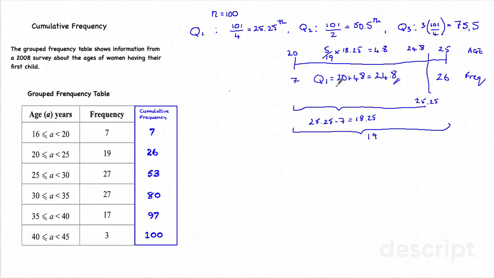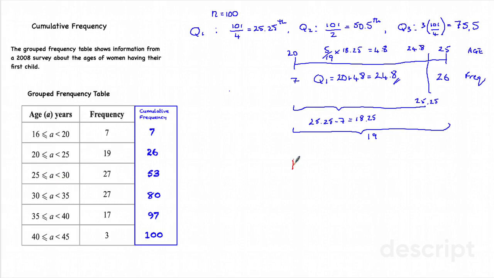On the graph, I got 25. Now, let's look at Q2, the median. The median is at the 50.5 value along. Well, I've got 26 here and I've got 53 here, so it must be in this group.